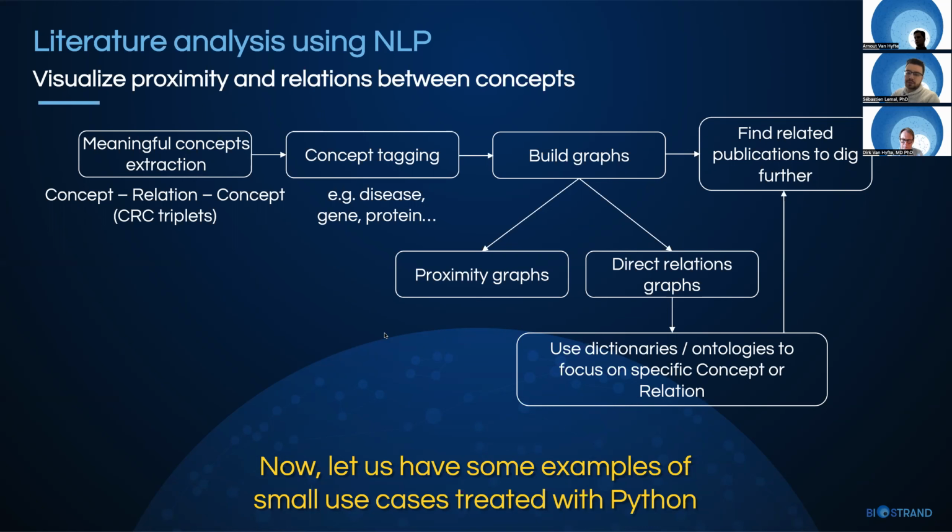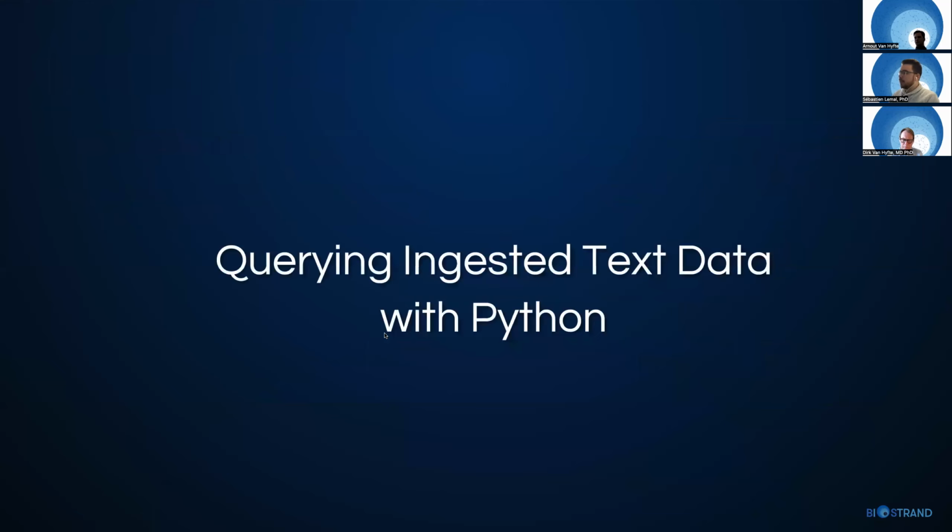So concept, relation, concept, etc. Using that graph, you can go deeper and deeper, finding new relations, new concepts, and so on until you can define your hypothesis further. So now let's have a look at some examples of small use cases treated with Python.